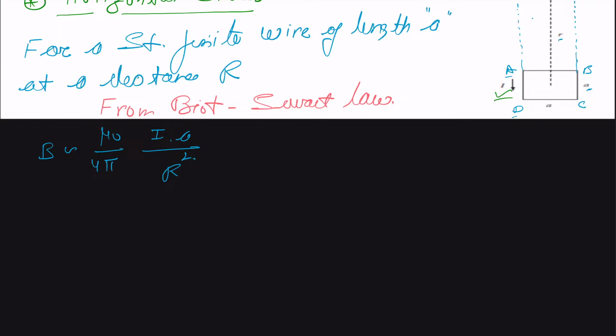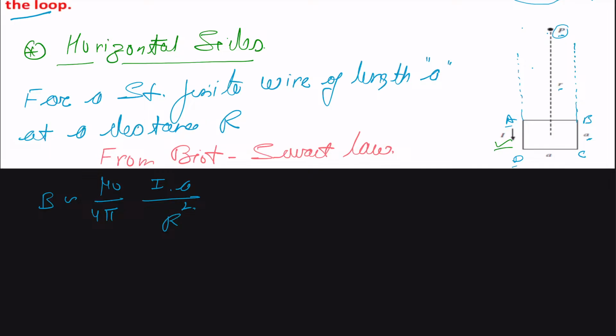And in this particular case, let me clear these things. So we have this as A, B, C and D. From the figure itself, we can see that the side AB is much nearer to P as compared to DC.